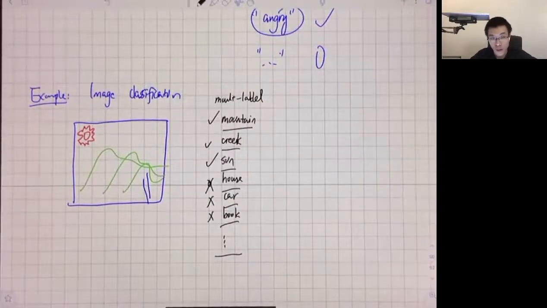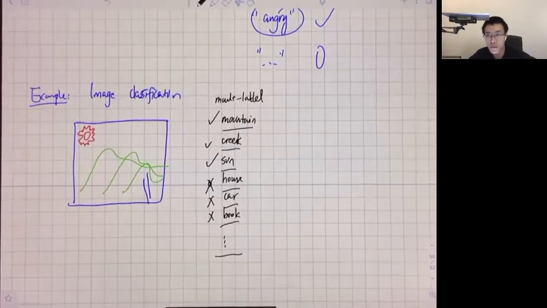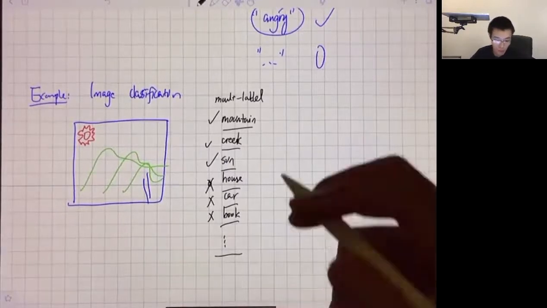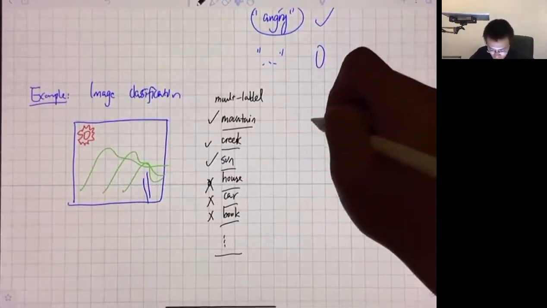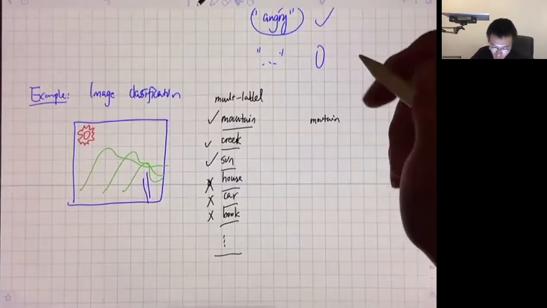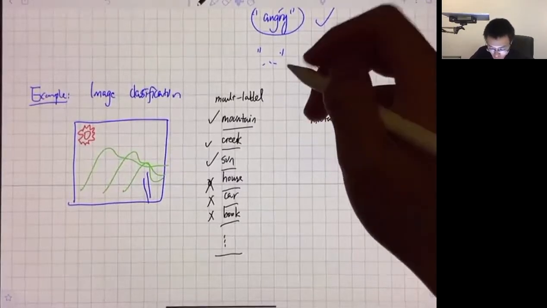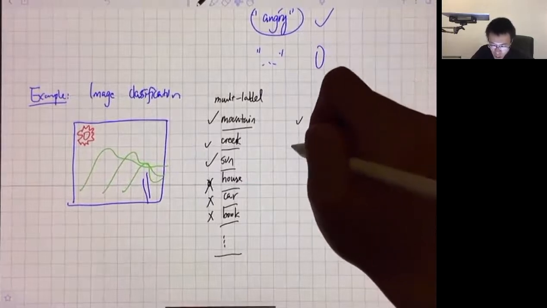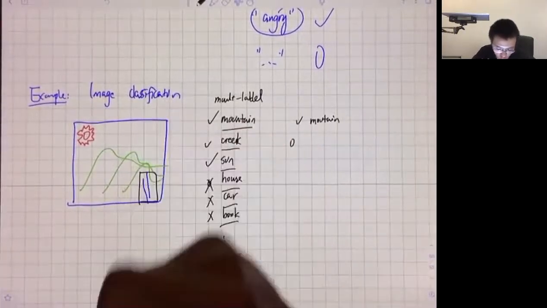But it's also possible that your classification task is asking what the major object in the image is, or the main theme of this image. Then the main theme here is the mountain. The main theme is not creek. If it were a creek, then the image would look different.